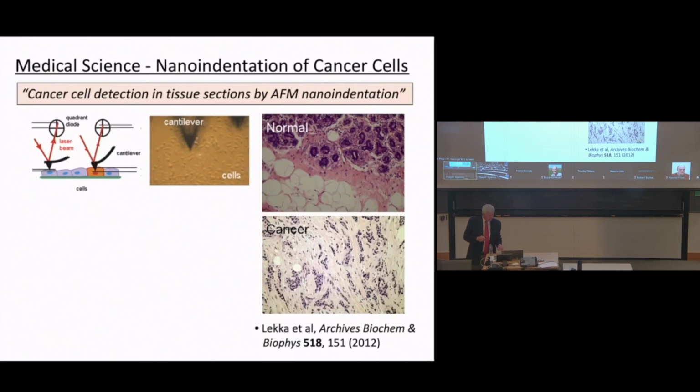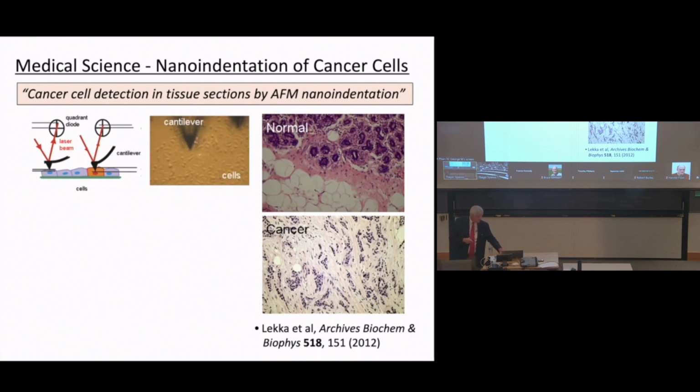One I'll just do very briefly. Another thing that happens is that cancer cells turn out to have different stiffnesses than regular cells. And so folks have used nanoindentation actually in an atomic force microscope. You can do this with AFMs as well, to go in and measure the stiffness of cells. And in this particular case, they knew exactly which cells were cancerous and which cells were not cancerous.